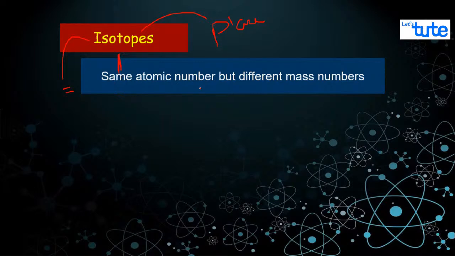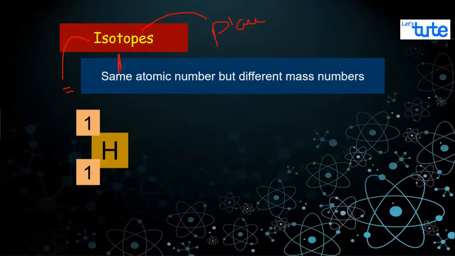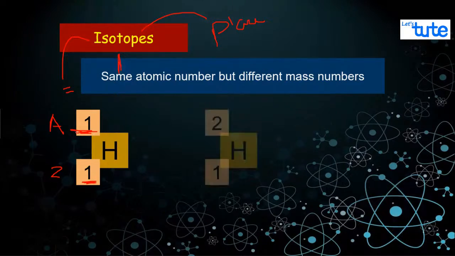Now, what does this line mean? This simply means, if I have a hydrogen atom, this is the atomic mass and this is the atomic number. Atomic number is denoted by Z, atomic mass is denoted by A. So this is the atomic number and this is the atomic mass number for hydrogen. Let's look at one more element.